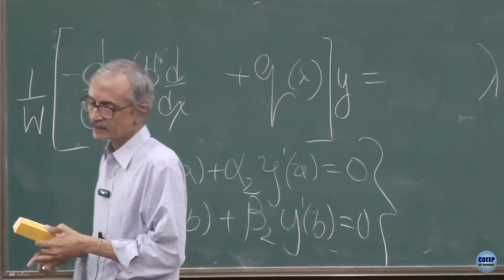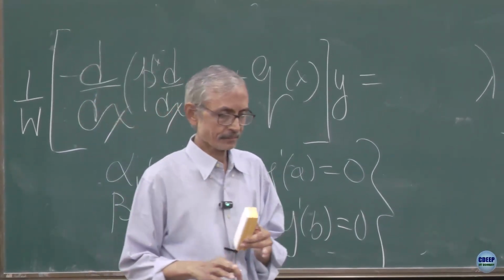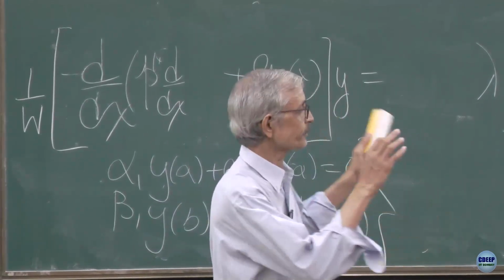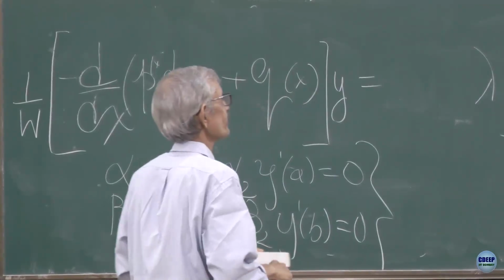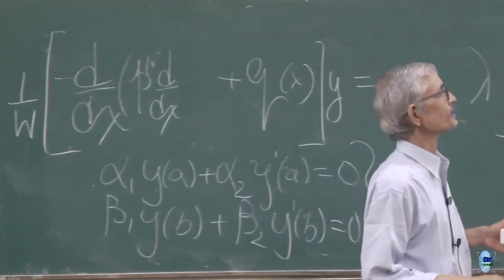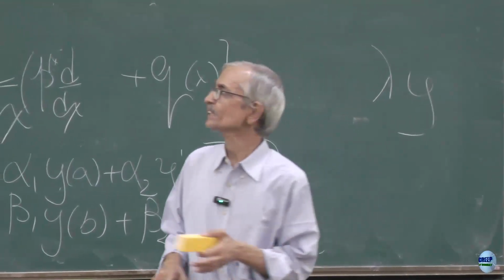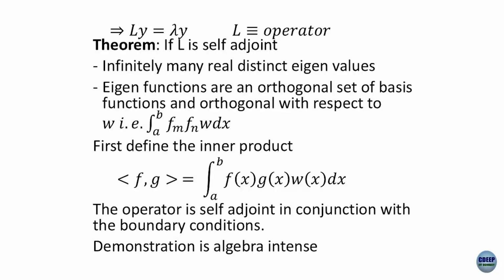Okay, so this is something that we are not going to try to prove, this theorem, we are just going to take it, that's all. Okay. The eigenfunctions are orthogonal and they are a set of basis functions and orthogonal with respect to this weight function w. Okay. Now what was our condition, or at least we had said in the past that if you have two orthogonal functions, the inner product is equal to 0. That's all we said. Okay.